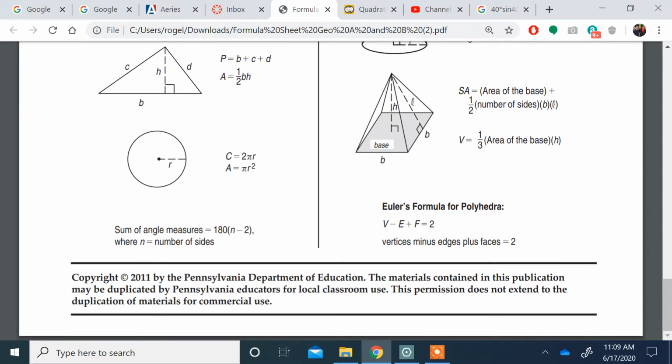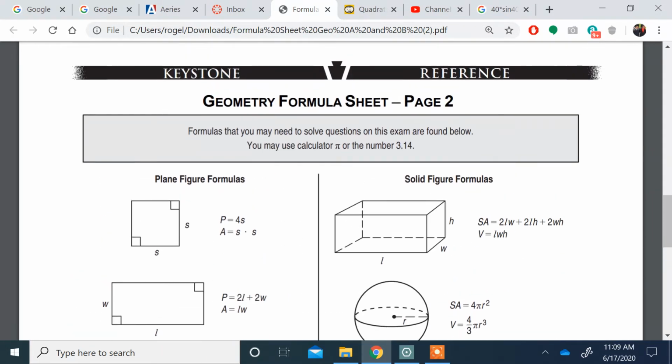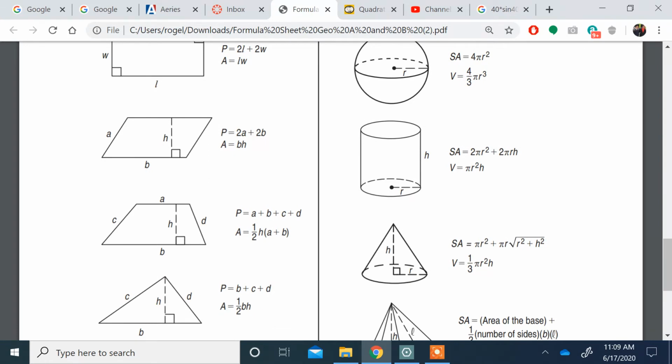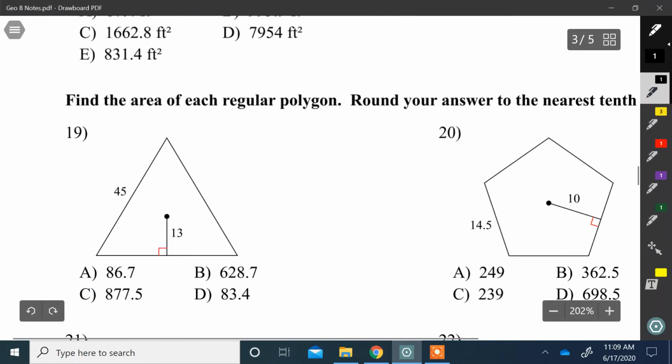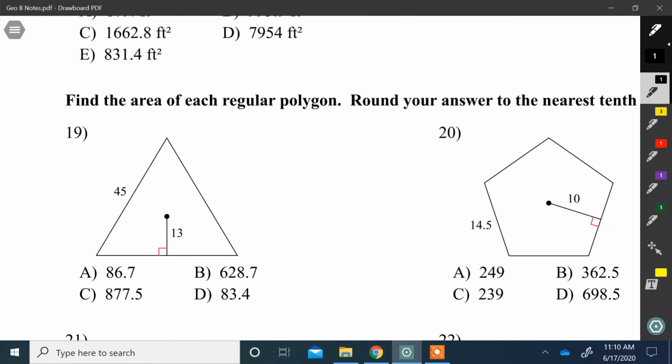Okay, it's not in here, so let me give it to you. I'm gonna look on Google area of a regular polygon, and I already know what it is, but I want to confirm it for you.